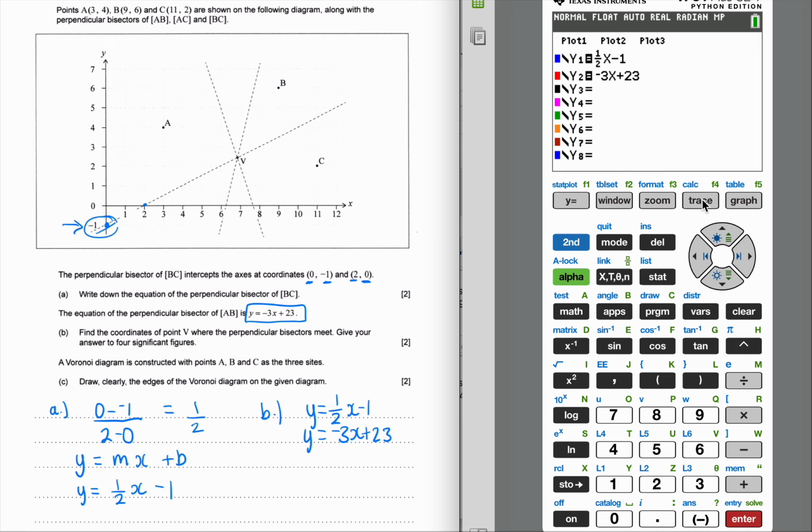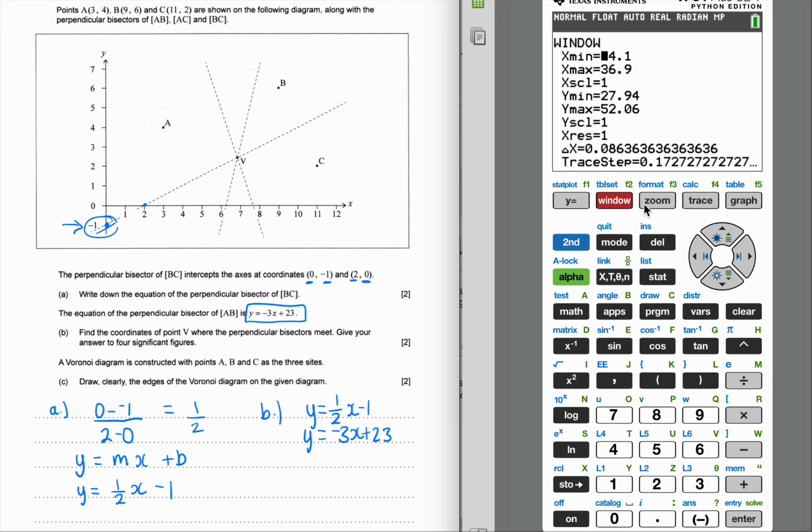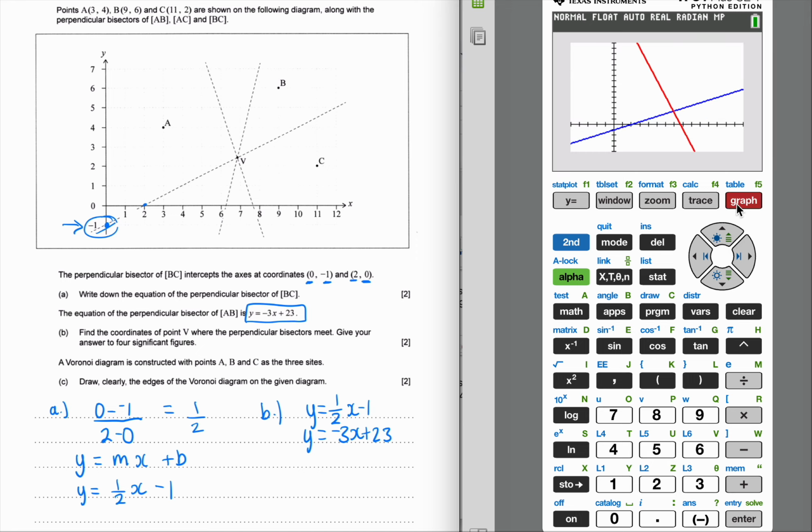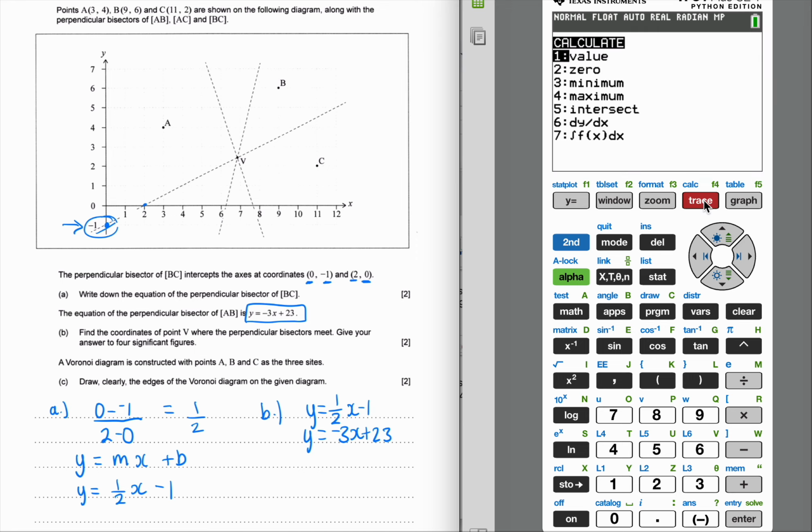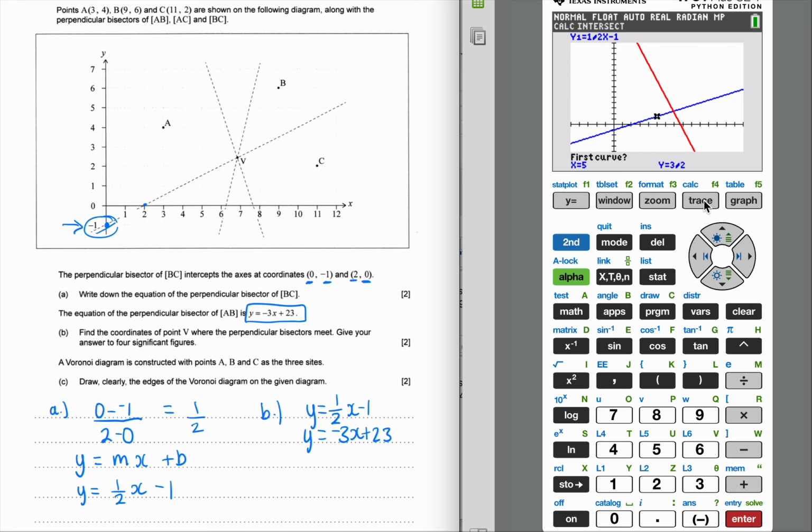And from that, we can then graph it. Now we might need to sort our window out a little bit. So you can see here we don't actually have the origin at all. So let's just type this as -5 to, let's say, 15. And let's do the same on the y-axis, -5 to 15. And now we can see we have this intersection. So we can do second function, trace, intersect.